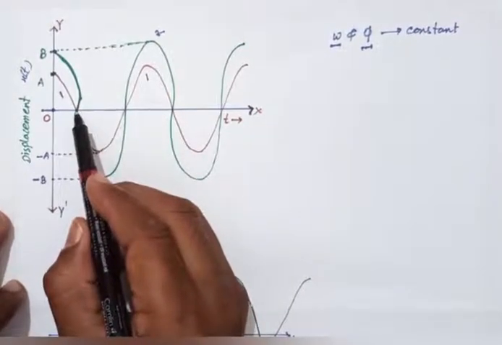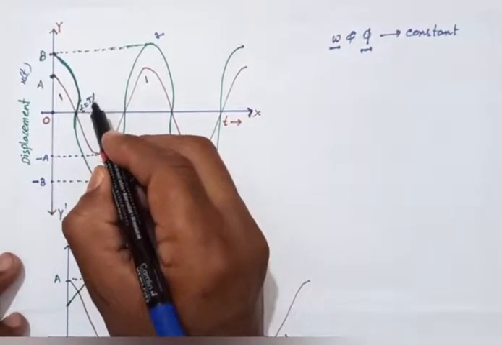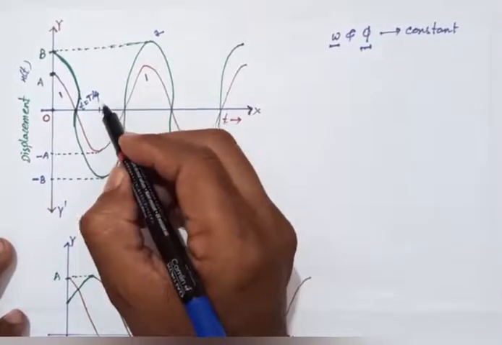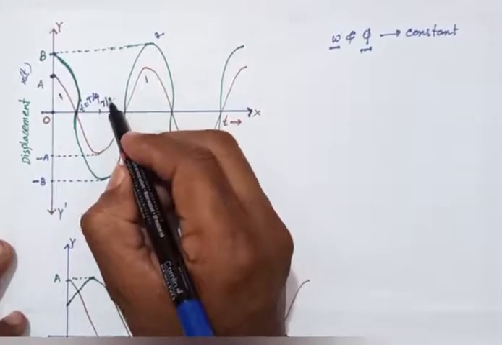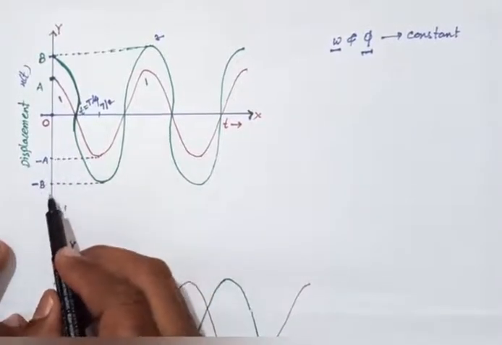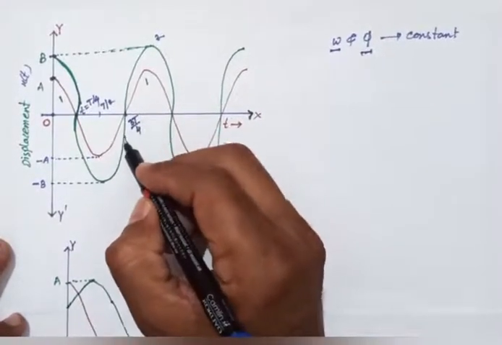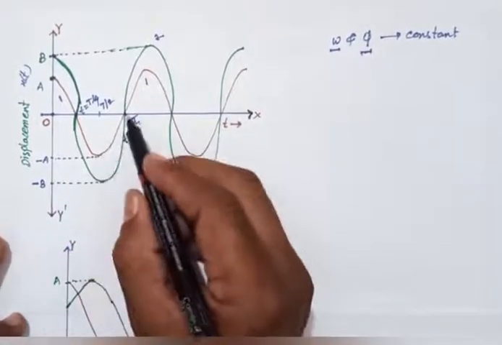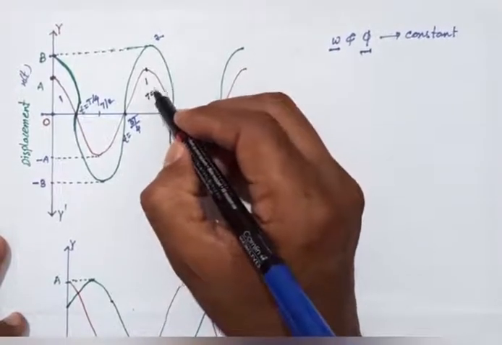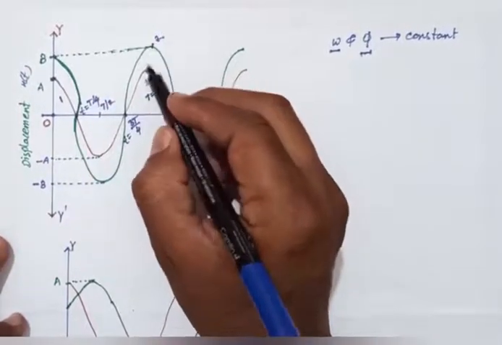And at t equals T, again it is maximum, plus A and plus B.